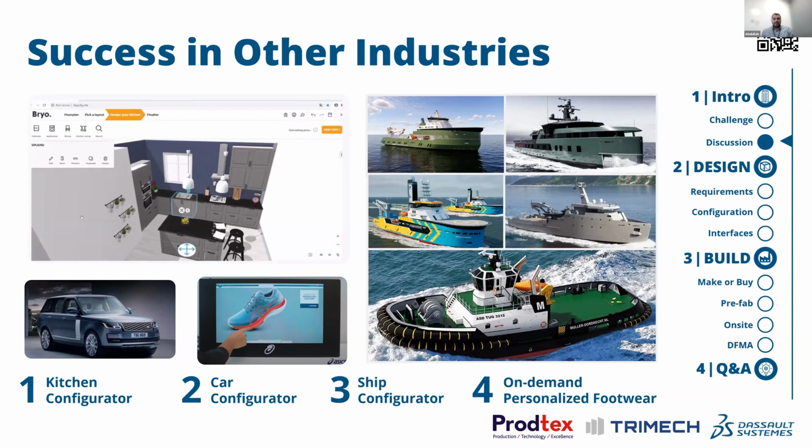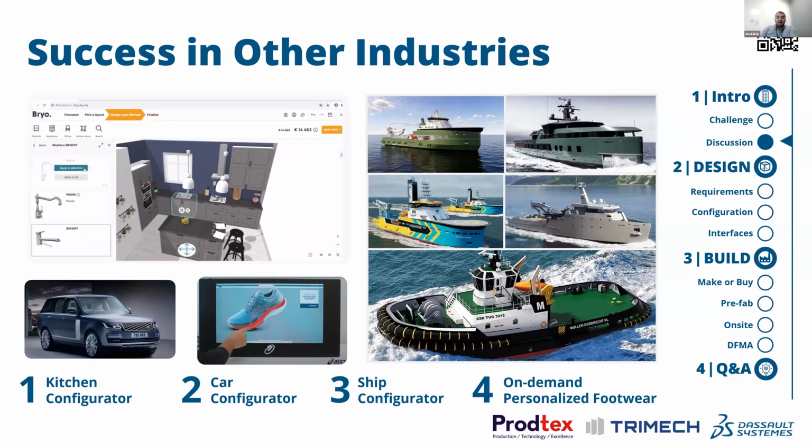A key enabler behind these industry-scale transformations has been knowledge capture, reuse, and standardization of processes as opposed to the standardization of products. I hear this phrase, it wraps around nicely: standardizing the invisible and customizing the visible.